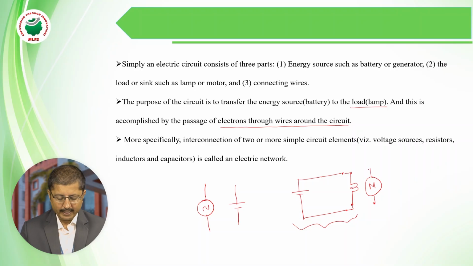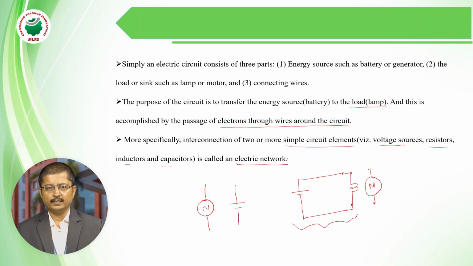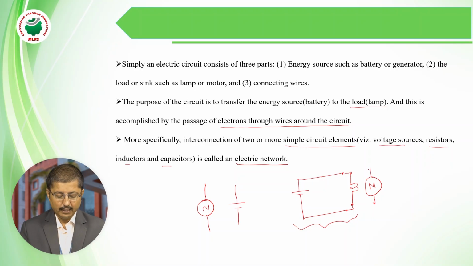More specifically, the interconnection of two or more simple circuit elements, which are voltage sources, resistor, inductor and capacitor, is called an electrical network.